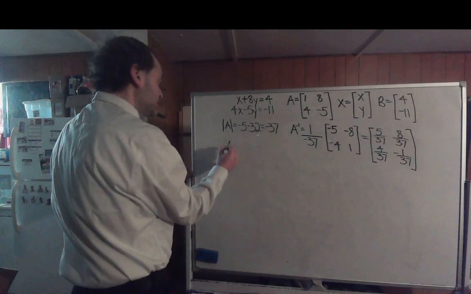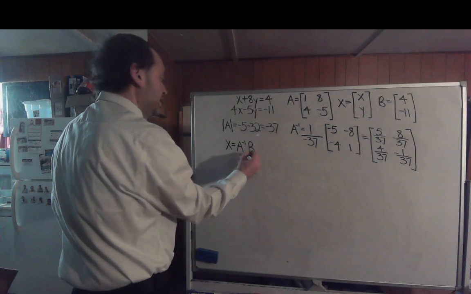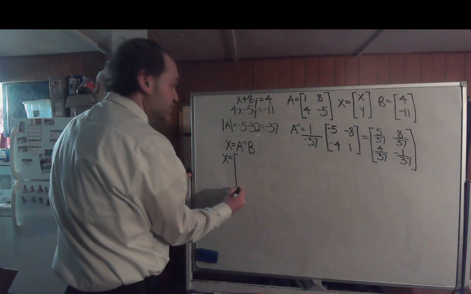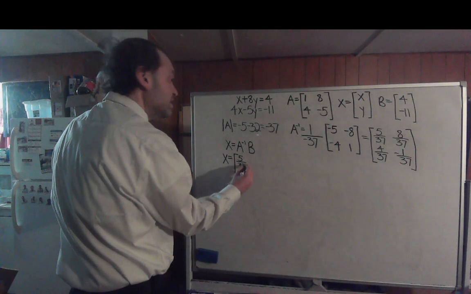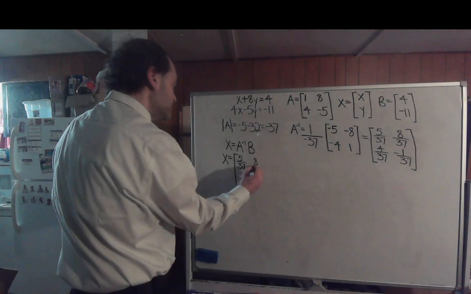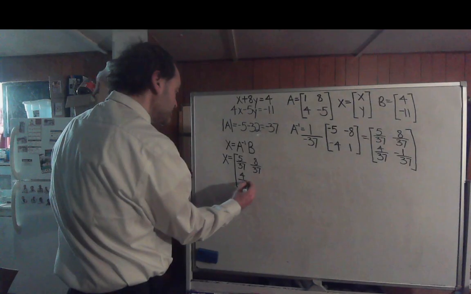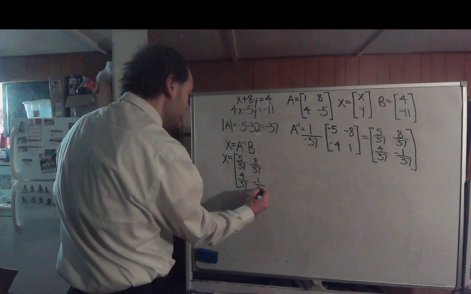Now, X is going to be equal, of course, to A inverse times the B. So let's take our A inverse matrix of 5/37, 8/37, 4/37, and then negative 1/37.